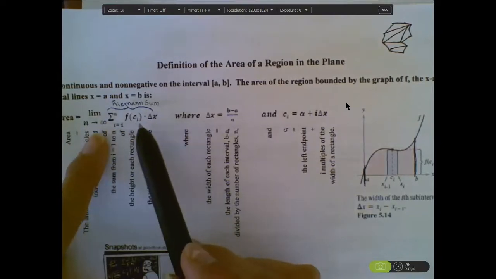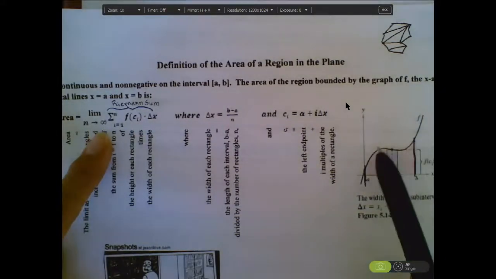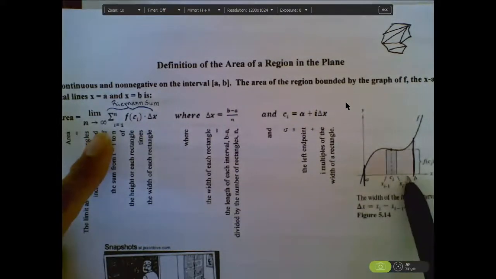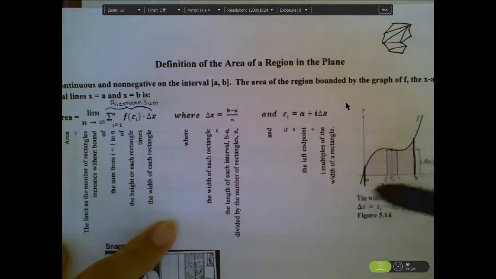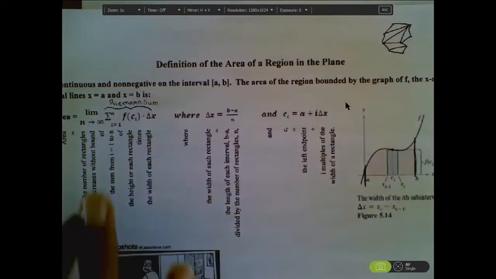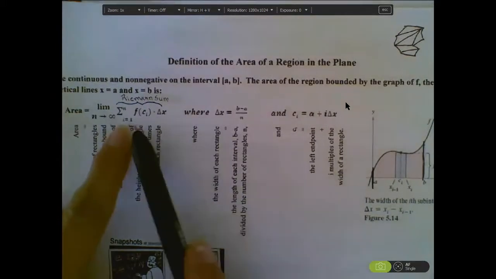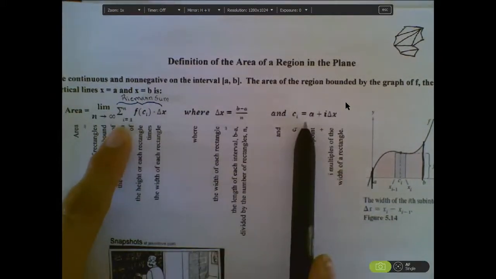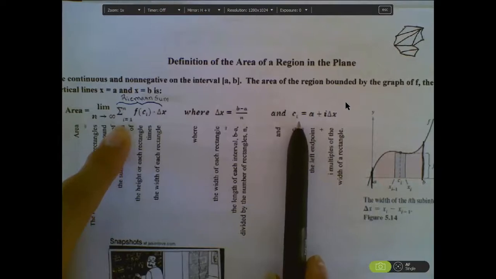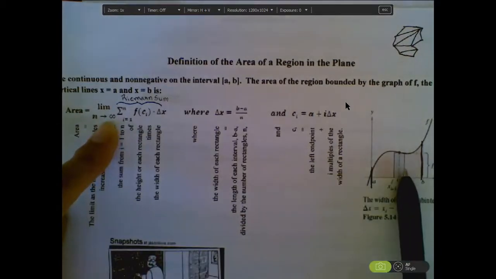Add up all those areas, and that will give you the area under this curve, bounded by the x-axis and the vertical lines x equals a and x equals b. As weird as that notation looks, if you had seen that on the side of a building a year ago, it would have made no sense at all. Now I want you to look at it and go, well, that's just adding up the area of a bunch of rectangles. And that's how we find area under a curve.